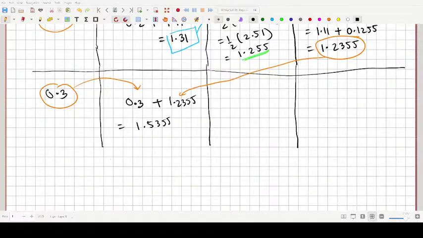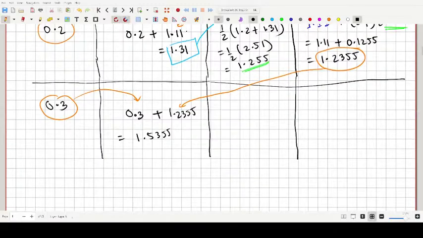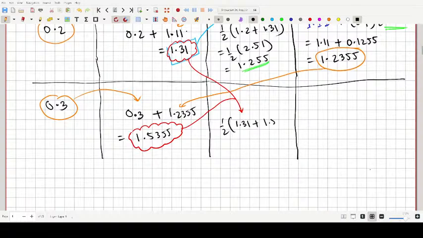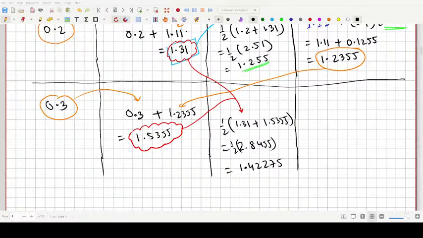Now we have to take half of the sum of the previous slope and the current slope. So let me consider this red ink, and I'll draw a small cloud over 1.31 in the 0.2 row, and write 1.31 plus 1.5355, correct? So we'll get 2.8455, and half of that is 1.42275.